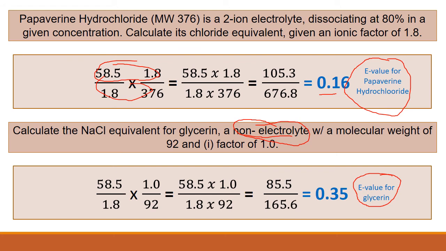So you have to write the formula 58.5 over 1.8 times 1.0 divided by the 92 for our molecular weight. And then get the products of our numerator and the denominator. So 85.5 over 165.6 is 0.35. That is the sodium chloride equivalent value for our glycerin.